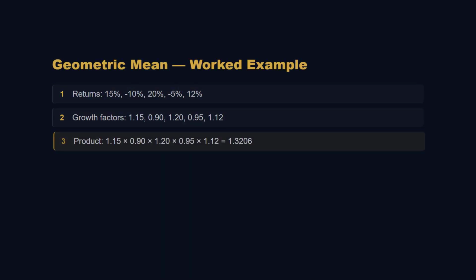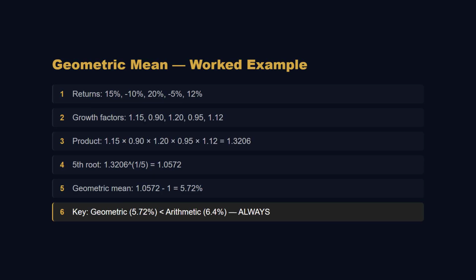Same 5 returns: 15%, minus 10, 20, minus 5, 12. Step 1. Convert each return to a growth factor by adding one: 1.15, 0.9, 1.2, 0.95, 1.12. Step 2. Multiply all 5 together. 1.15 times 0.9 times 1.2 times 0.95 times 1.12 equals 1.3206.